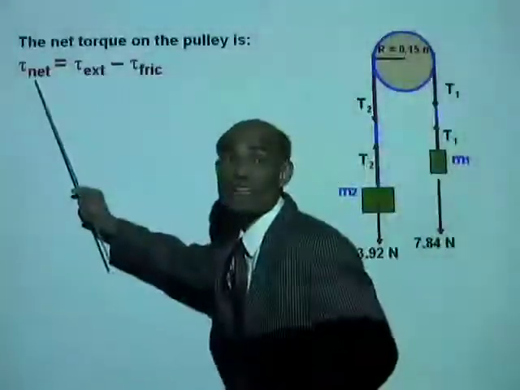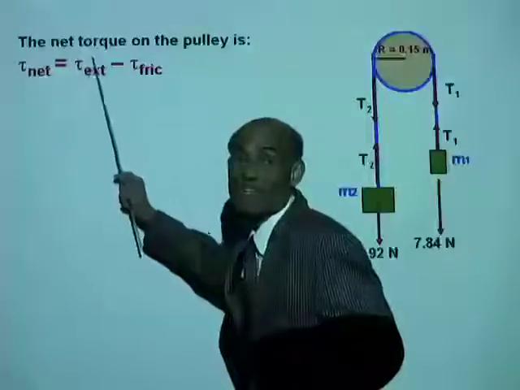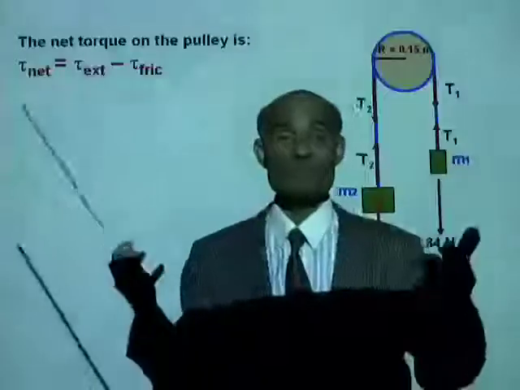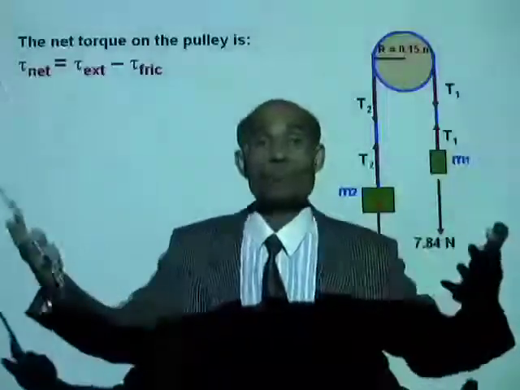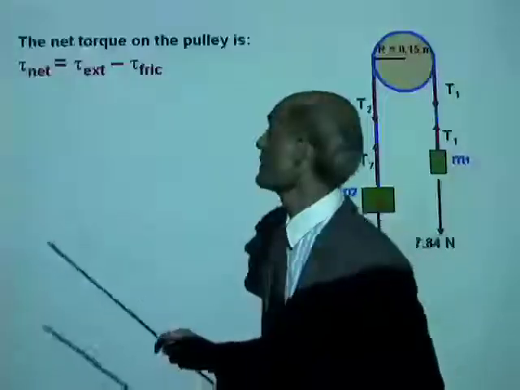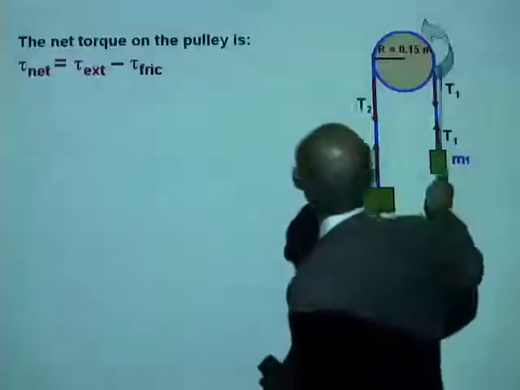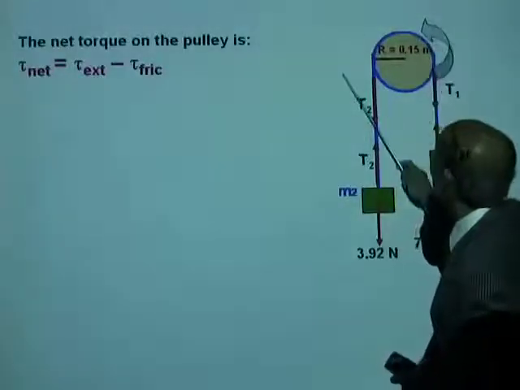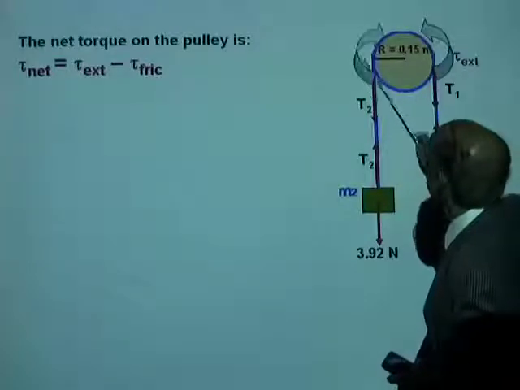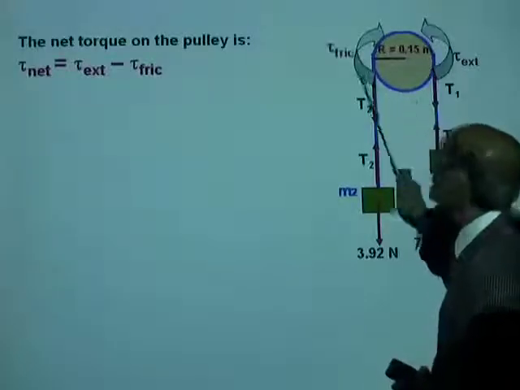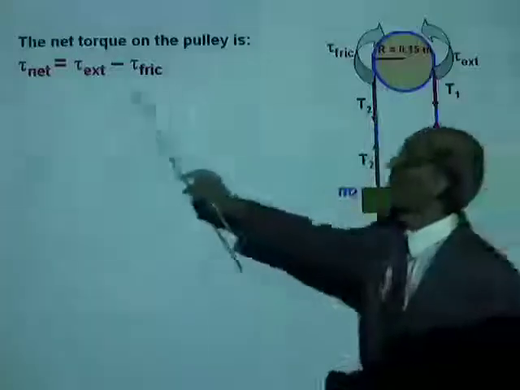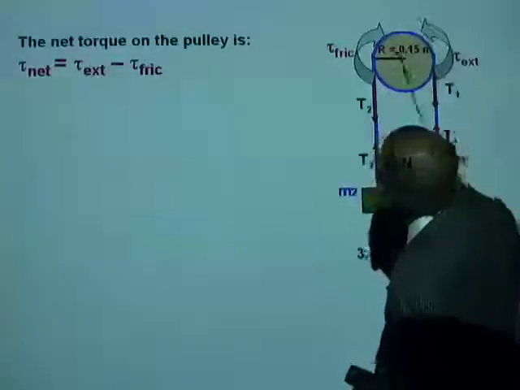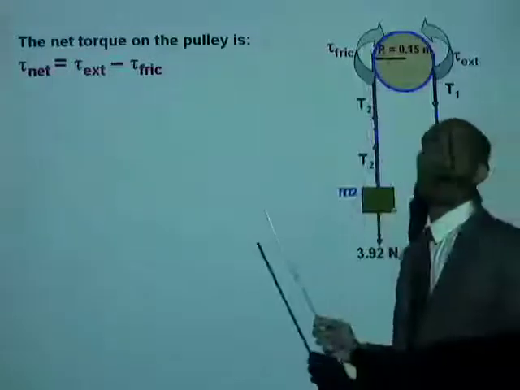The net torque, tau net, is the external torque minus the frictional torque, because the frictional torque always opposes motion. This is the external torque in the counterclockwise direction, and this is the frictional torque in the opposite direction. The net torque will be the external torque minus the frictional torque.